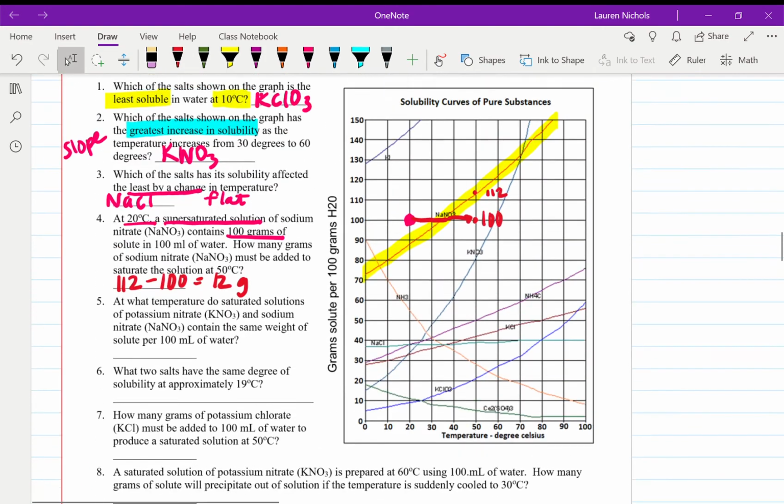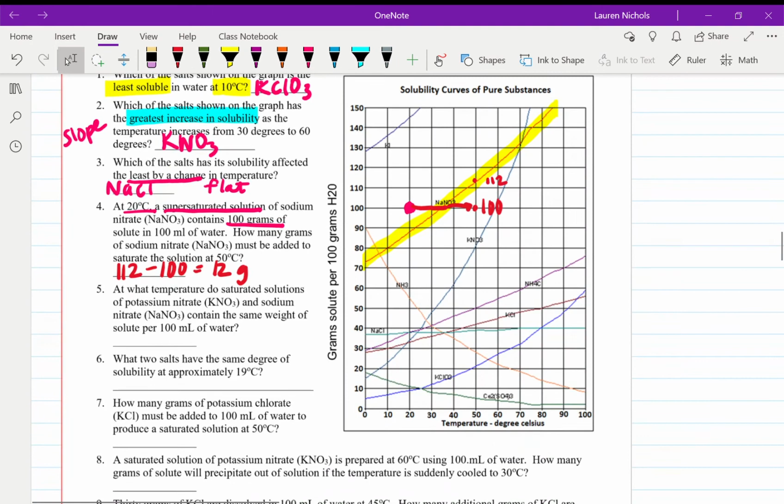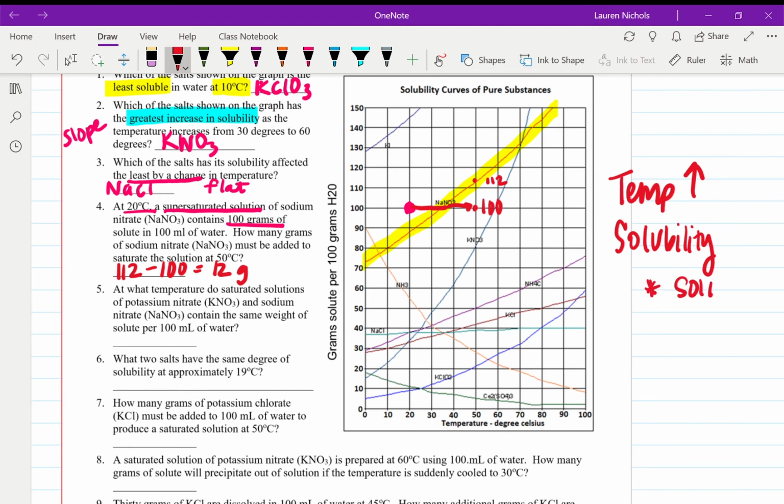Well, remember, when we're looking at solubility and temperature, and this was in a previous video, that as temperature increases, the solubility or the ability to dissolve for a solid is also going to increase. So that means all of these lines that are sloping upwards as temperature increases, the solubility of our solid is increasing.